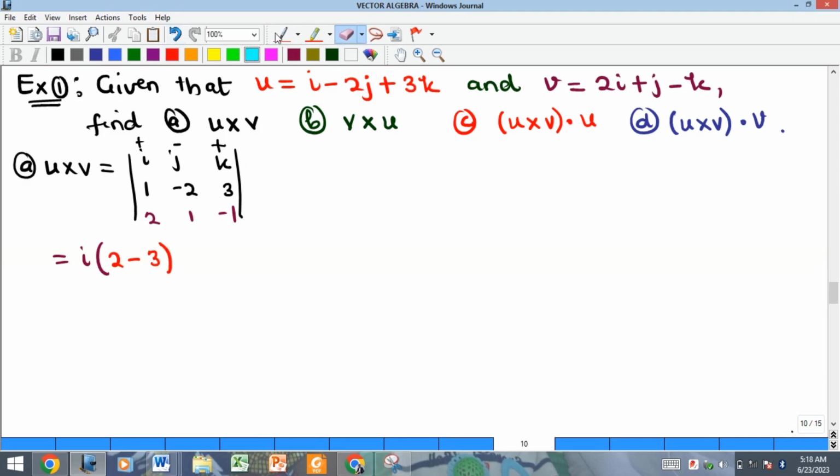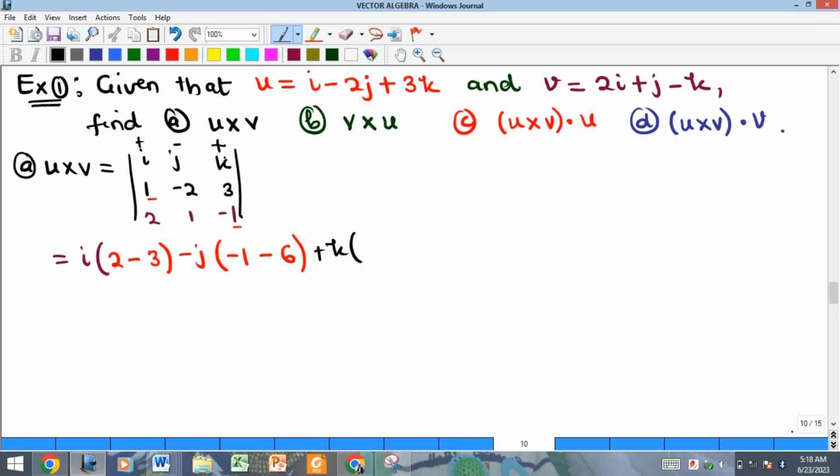And then for j it is going to be minus j, which is going to be, of course, 1 multiplying minus 1 because you cancel the middle column and the first row. So that's going to give you negative 1 minus, of course, you will now do 3 multiplying 2, which will give you 6.